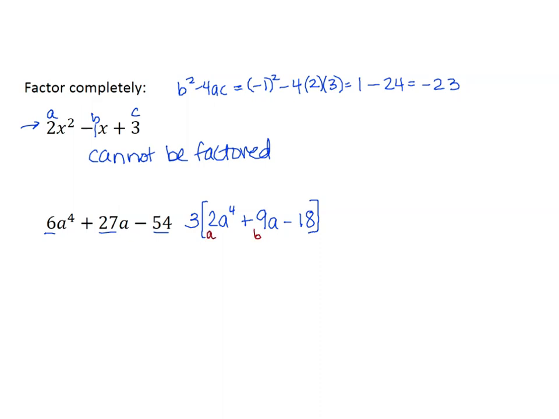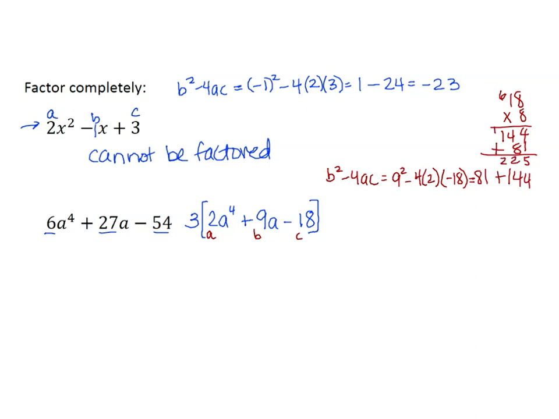This is my A, this is my B, and this is my C. So if I use the discriminant test, I have B squared minus 4AC, which would be 9 squared minus 4 times 2 times -18, which is 81 plus, let's see, 8 times 18 is 144, and 144 plus 81 gives me 225.